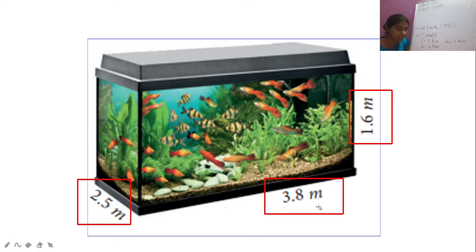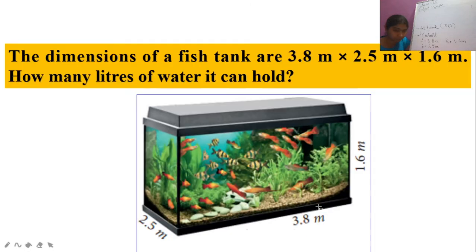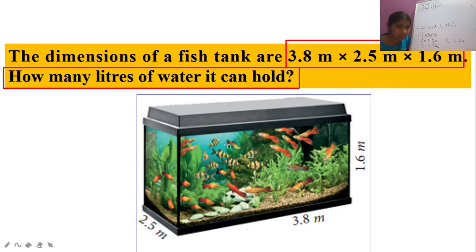Let's see what question we have, students. The dimensions of a fish tank, we have come to know, are length, breadth and height, right? Now the question arises: how many liters of water can it hold? If you want to fill water in this fish tank, how many liters of water will you require to fill it?